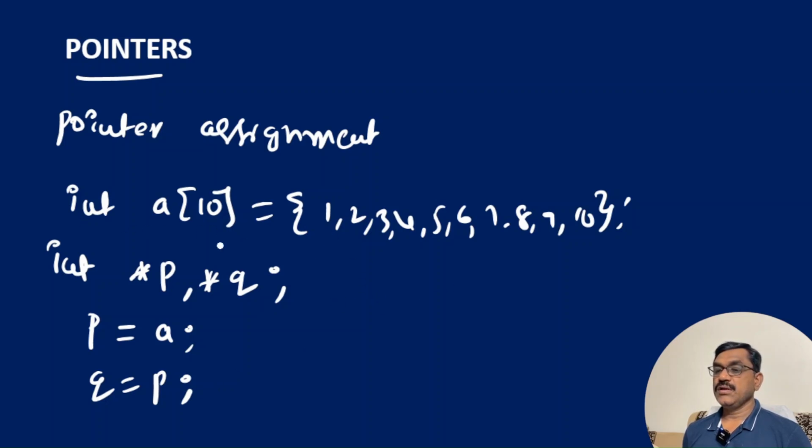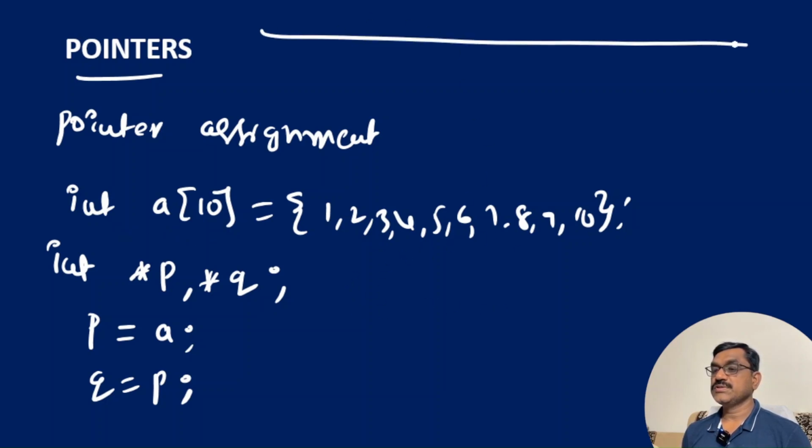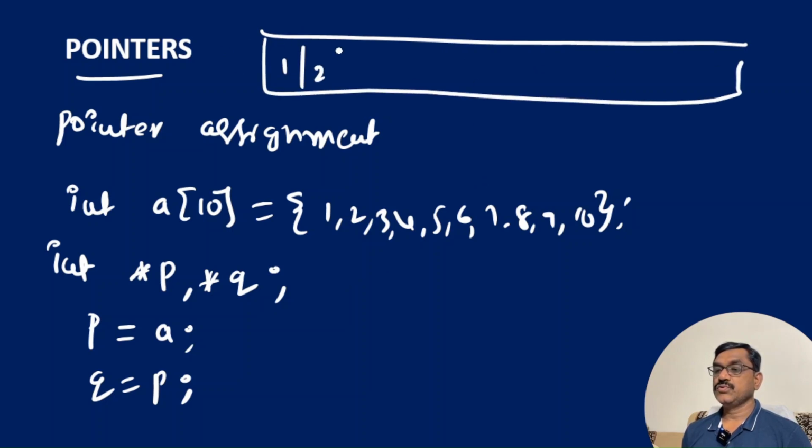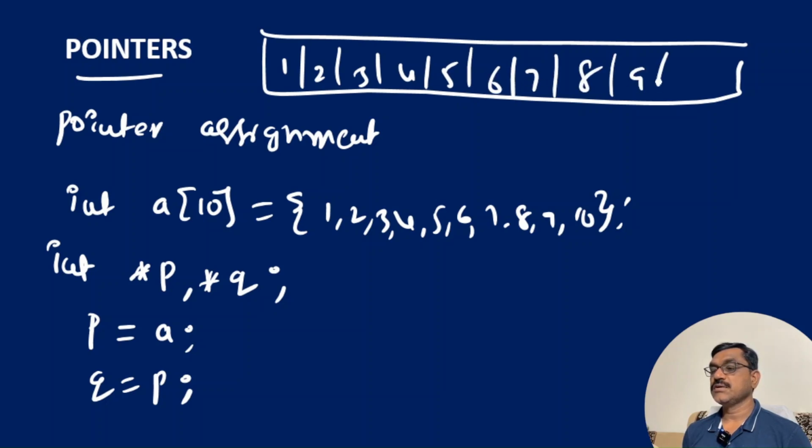When we declare an array int a[10] with some 10 values, we know the memory representation is like this: 1, 2, 3, and the elements I'm going to store here are 6, 7, 8, 9, 10. And we know every memory location has its own address.